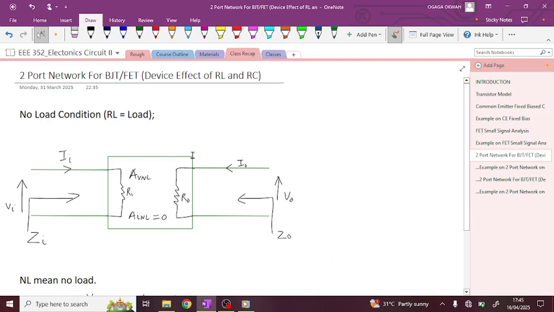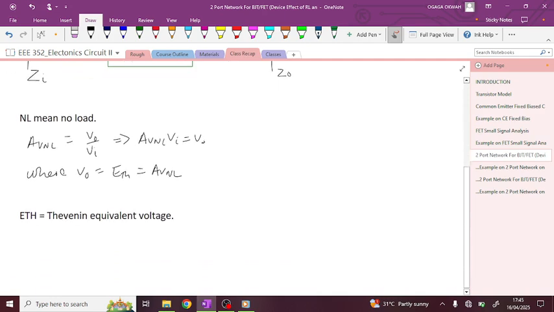In the two-port network, AV is the voltage gain at no load, AVNL. AINL equals 0 because there's no load, so the current gain equals 0. NL means no load. Voltage gain is output voltage over input voltage.